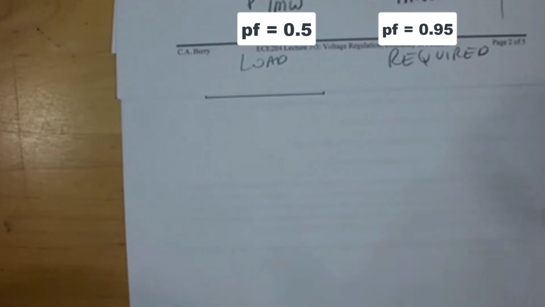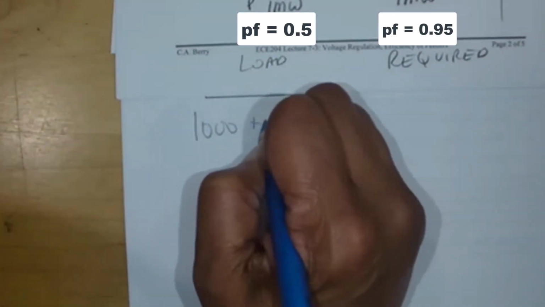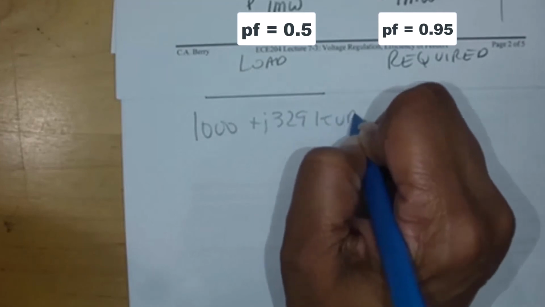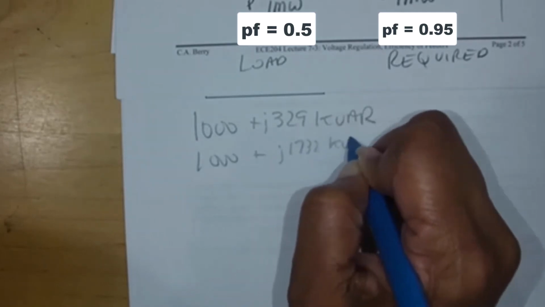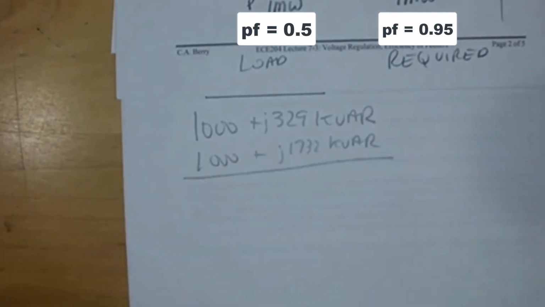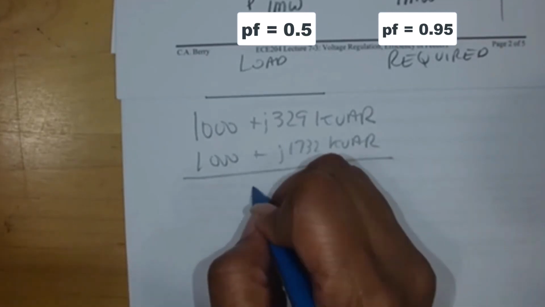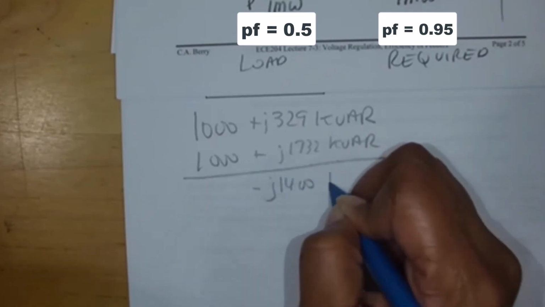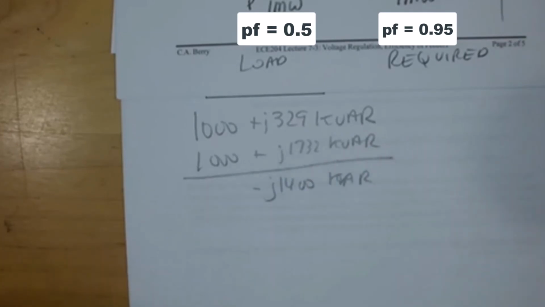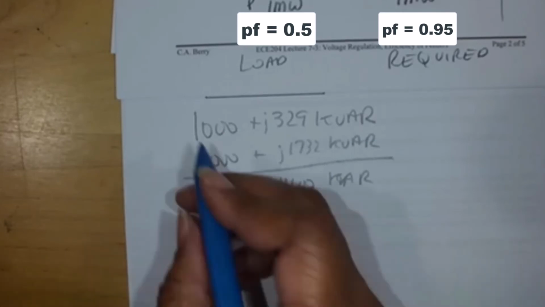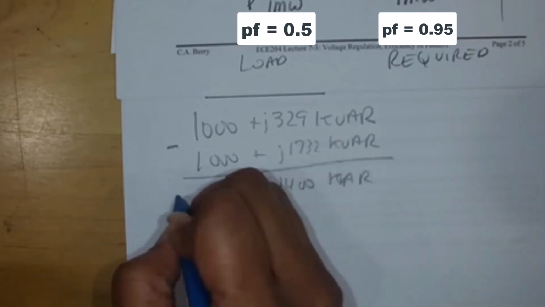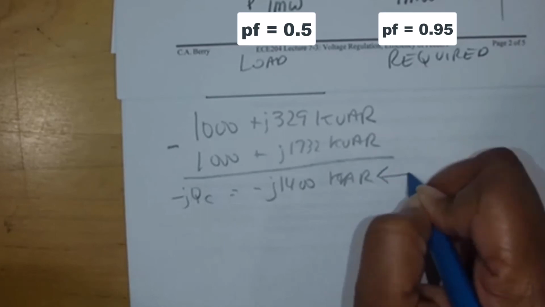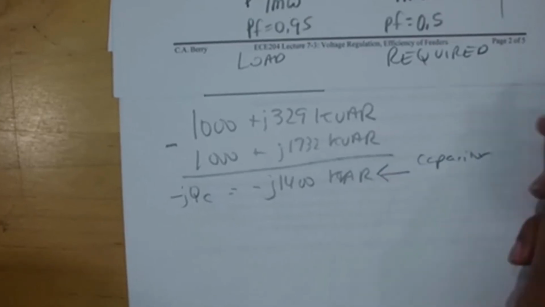What I'm going to have here is 1,000 plus J329 kVar and 1,000 plus J1732 kVar. You subtract them, and you get around negative J1400 kVar. That's what we need the capacitor to be. The capacitor adds this value.